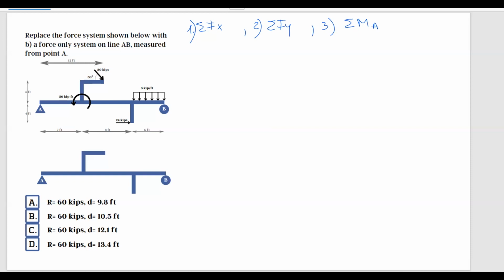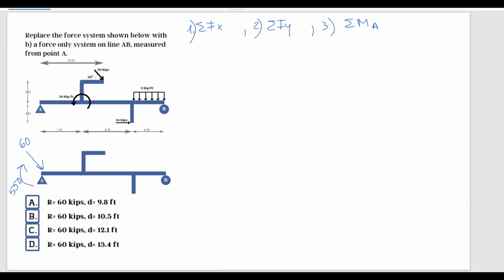I will just go ahead and draw here the resultant force and the moment that I have calculated in my problem before. I know that the resultant force is approximately 60 kips, and the moment is approximately 550. So I'm going to use these two values.